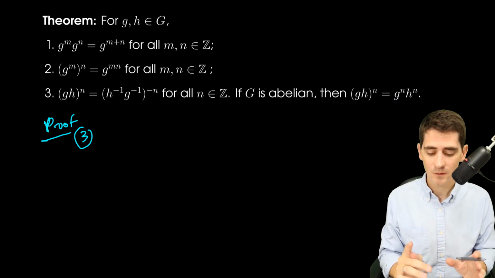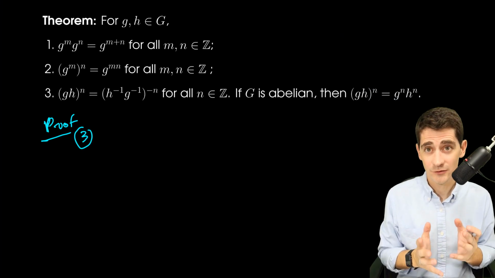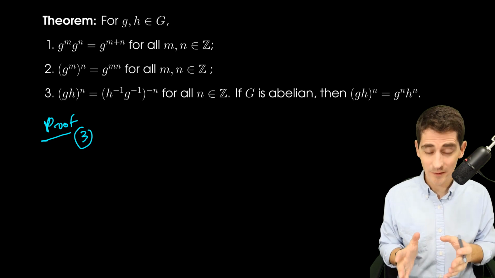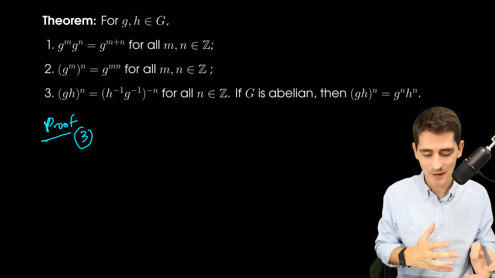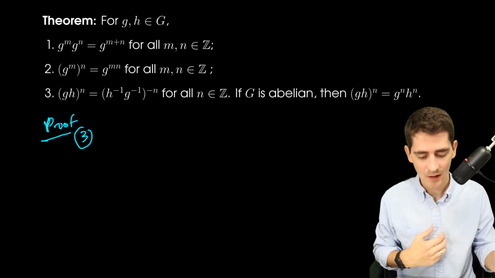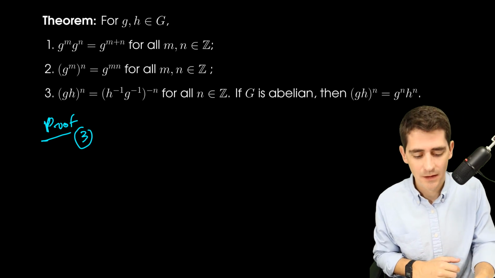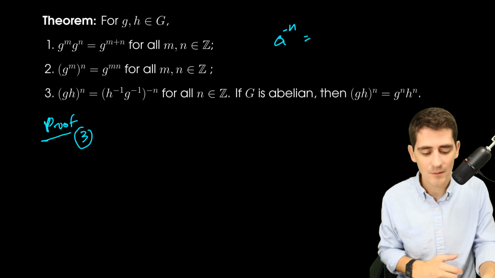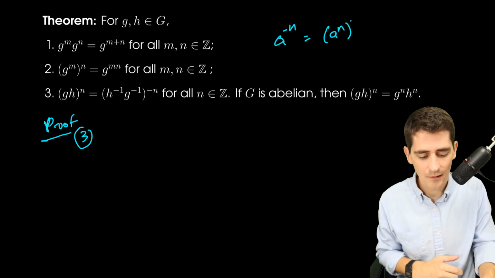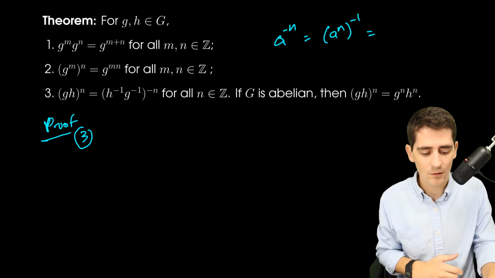Okay, for this third part, what we're wanting to say is, well, how do we distribute the nth power? And we have this weird expression, h inverse g inverse to the negative n power. And one thing we need to know about notation here is if I write a to the negative n, that means either a^n inverse or a inverse to the n power.